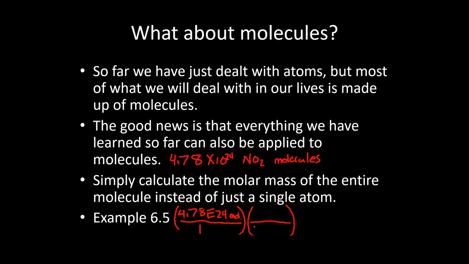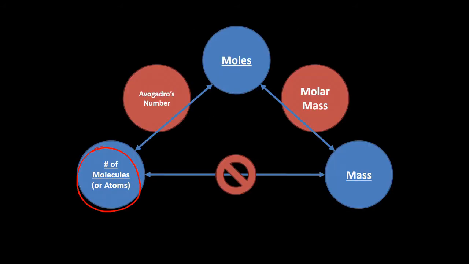So I know that I will have 6.022 times 10 to the 23rd, in this case molecules, for every 1 mole. So my molecules here cancel out, leaving me with moles. So that is this first step. I used Avogadro's number to go from molecules to moles.